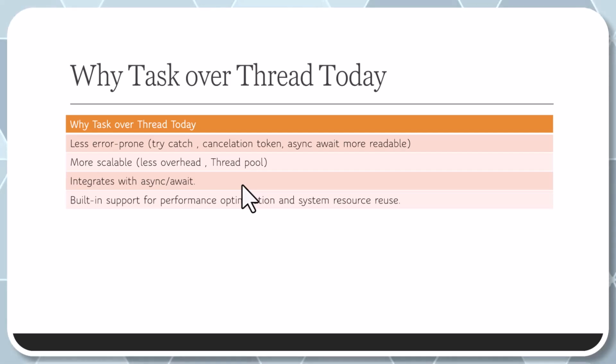The task is more scalable compared to threads because internally it uses thread pool, and there is less overhead because we are not creating new instances every time. We are fetching the task from thread pool, and it integrates with async await seamlessly, so it is more readable, and it has built-in support for performance optimization and system resource reuse. This is abstracted from us, and that's why it's advisable to use task over thread these days.